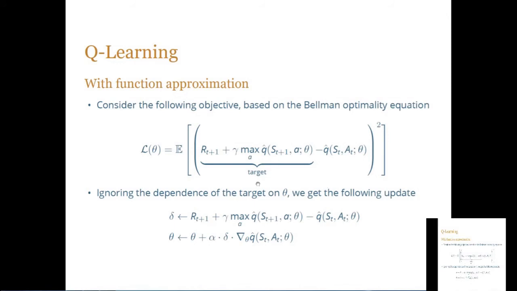And we do exactly the same idea. So we have parameters theta, we can do gradient descent, and we can update the parameters of our function approximator according to the gradient descent rule. So this allows us to use Q-learning in much higher dimensional spaces, and we don't need to store all the state action pairs.